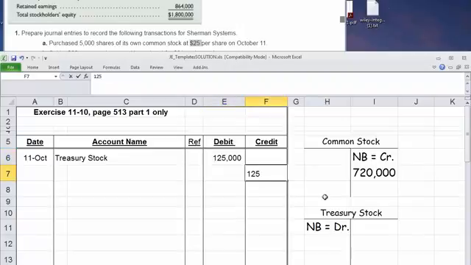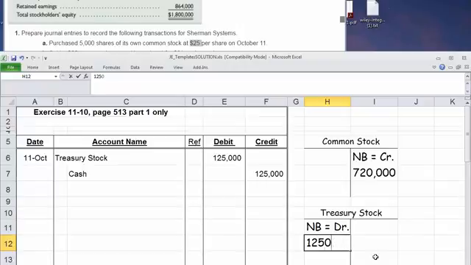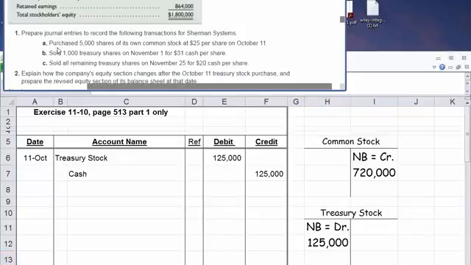Now, since we paid money, we're going to credit cash for that amount. So our treasury stock, when we post it, is going to have 125,000 on the debit side. So that's the first entry A.